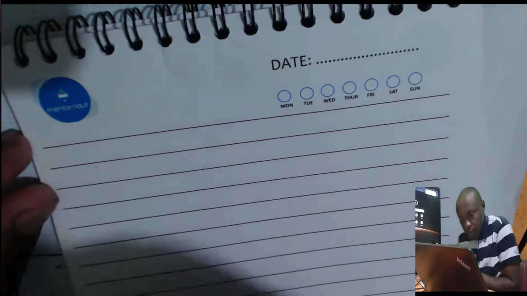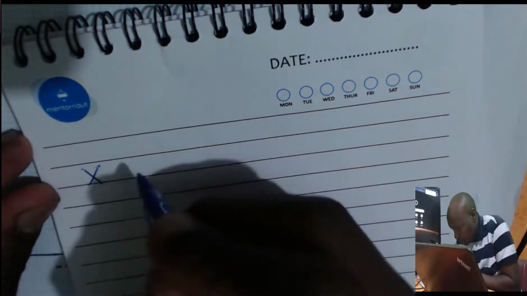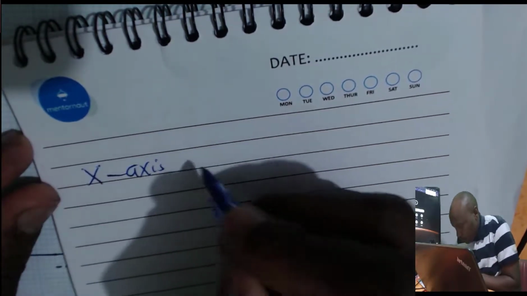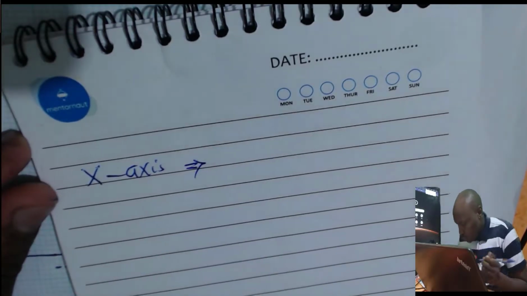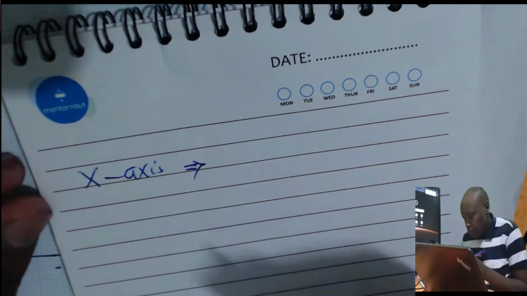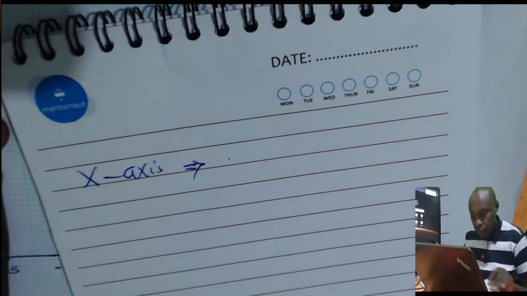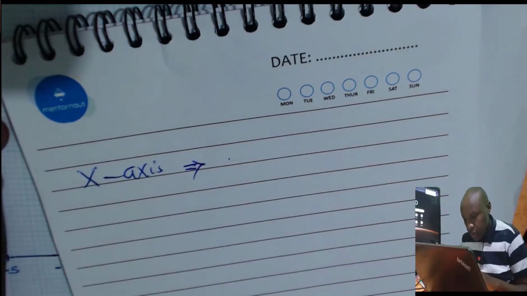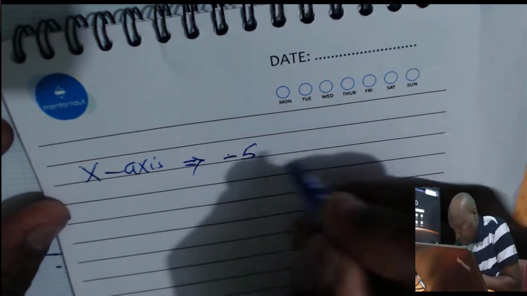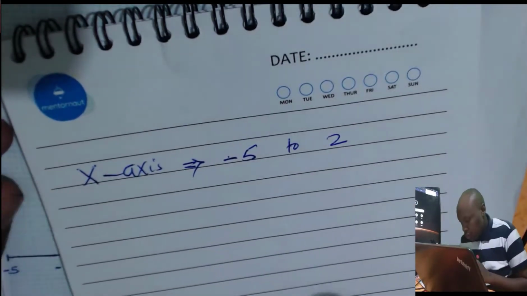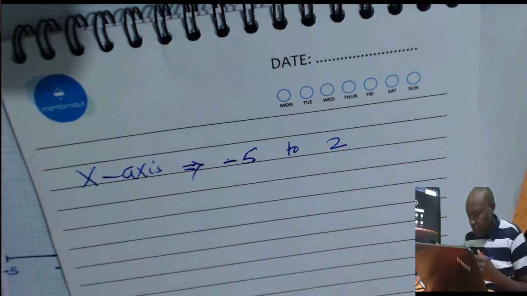For the x axis, you just need to look at the values. The values begin from -5 to 2. So I can use that to ensure that the graph isn't very small.